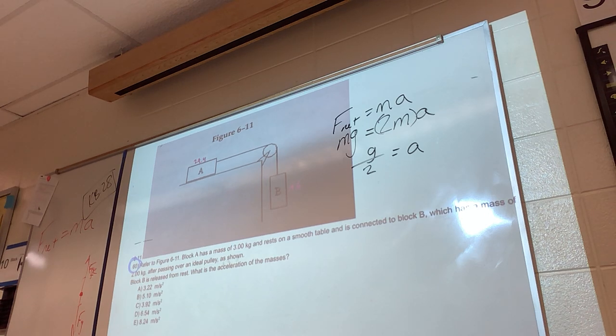Is this also just F net equals ma and Fg equals mg? Yes.